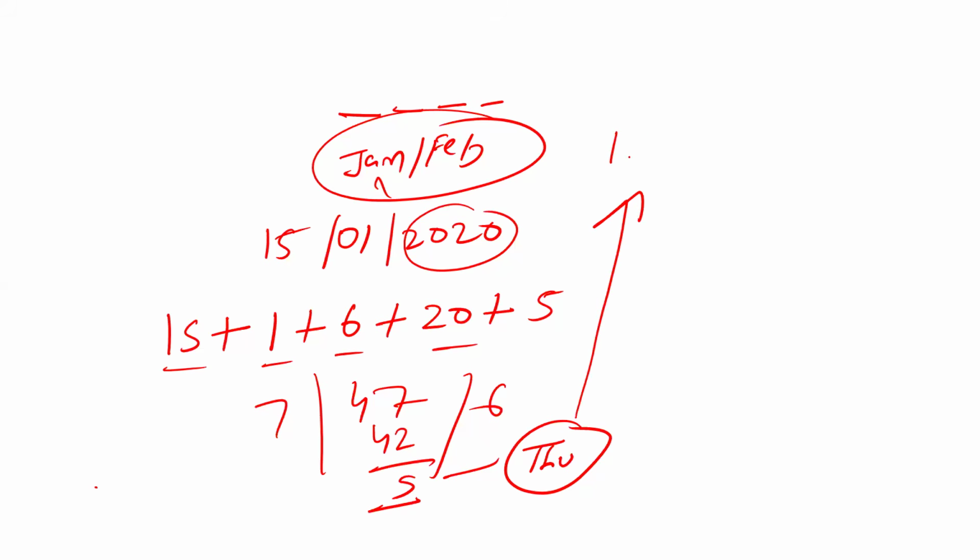Now, whenever you get a leap year, and that too the month of January or February, you just need to take the previous day as the answer. That's all. In a leap year, in the case of January, February only, you need to change your original answer to the previous day.